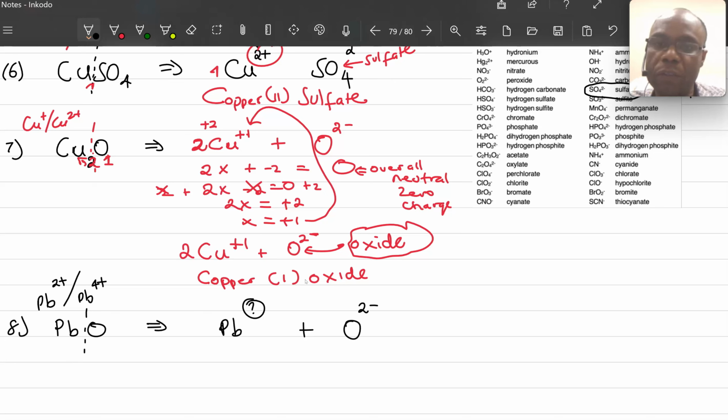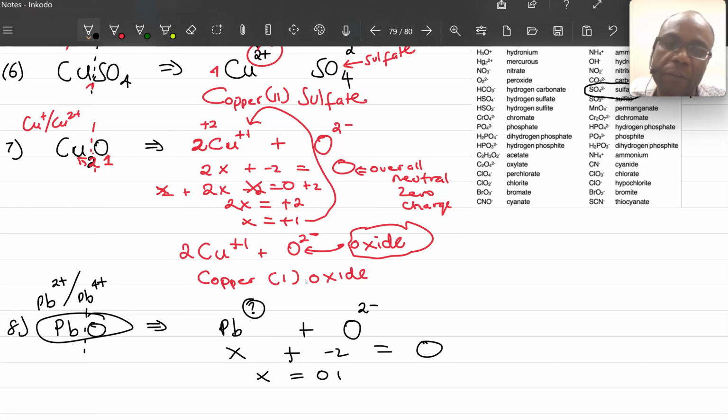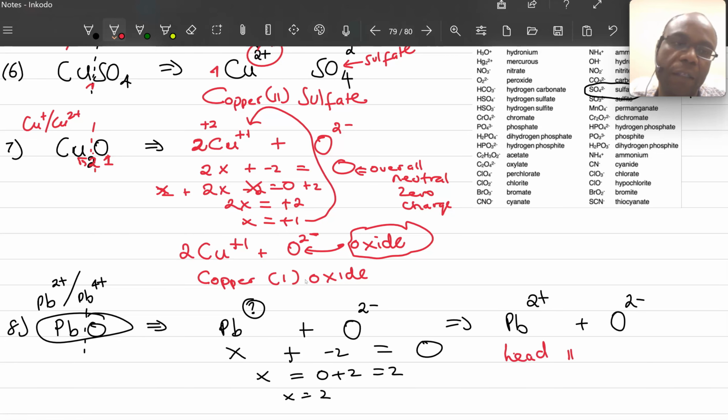So what should be the charge here to make sure that overall this thing is neutral? So we can say x plus minus 2 must be equal to neutral, 0. So x equals 0 plus 2 equals 2. X equals 2. So that tells me that my Pb has a 2 plus that combines with the oxide. So the name will be lead 2 oxide.